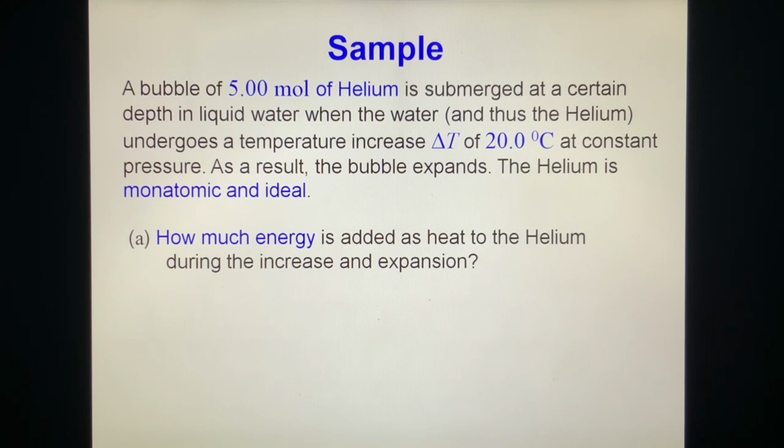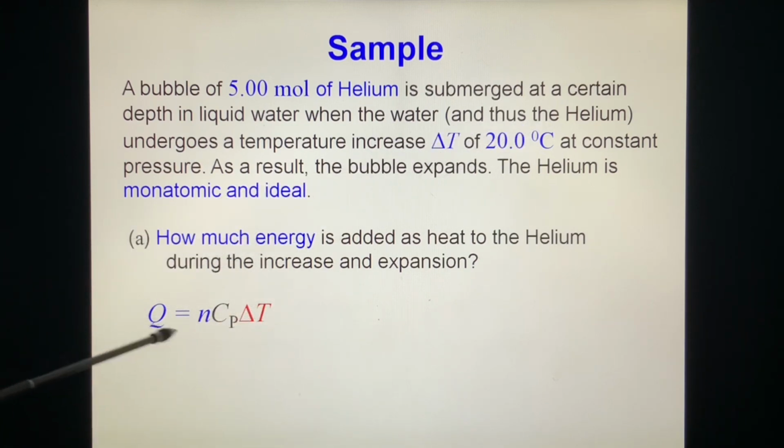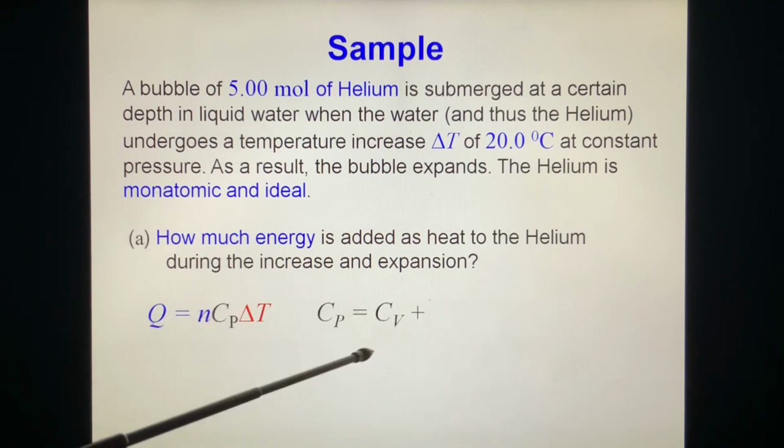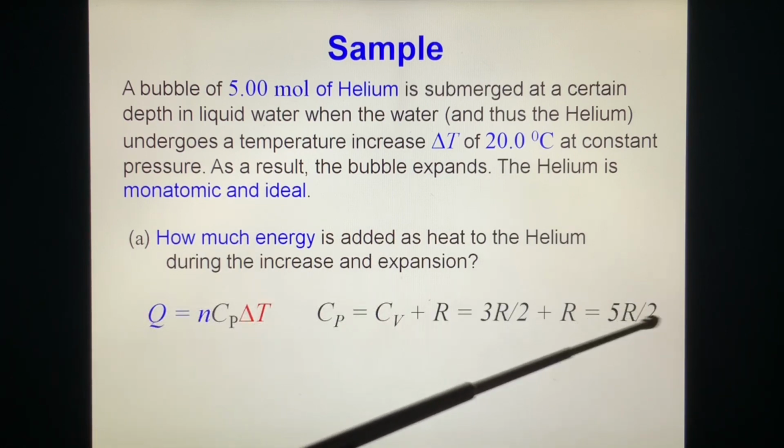Okay? This is a constant pressure process. So by definition, Q equals nCP delta T. We know delta T, 20.0 degrees. We know CP because it's monoatomic. CP equals CV plus R. CV is 3/2 R, so CP is 5R over 2.